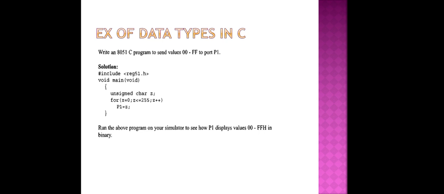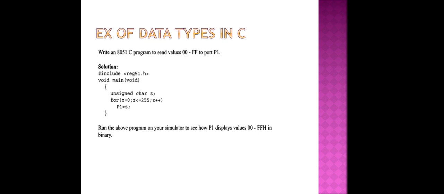That means first we apply the condition z = 0. Then check the condition z <= 255. This condition is true, so the output is P1 = 0.